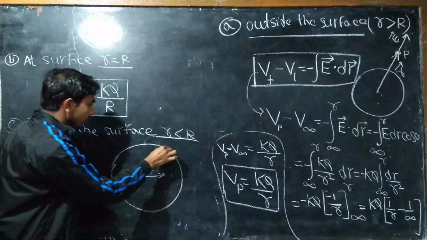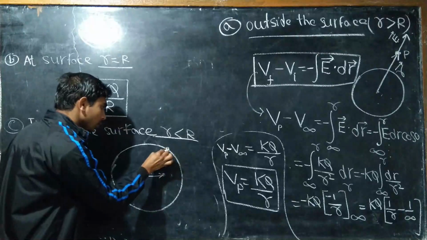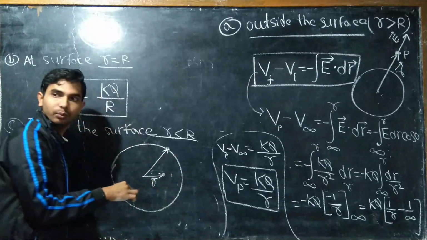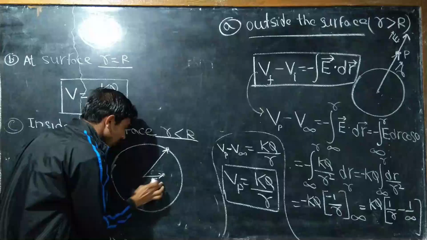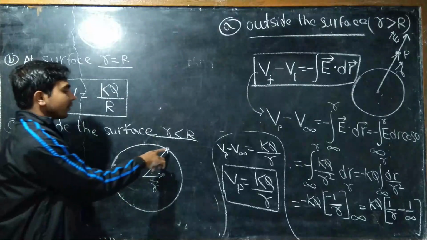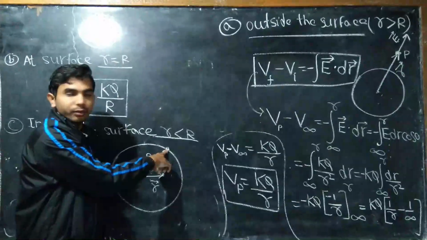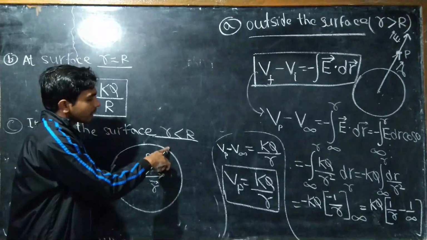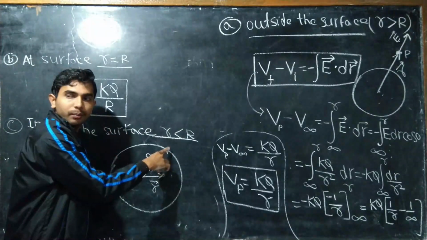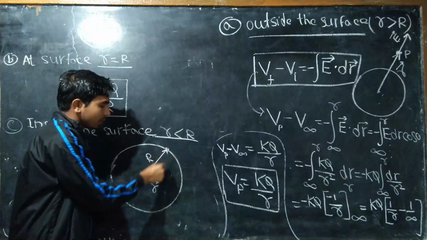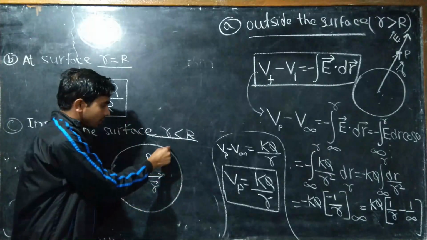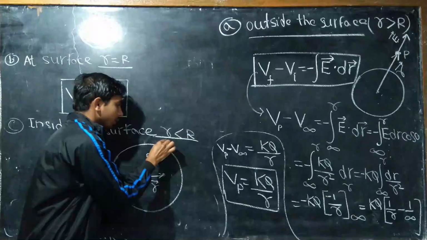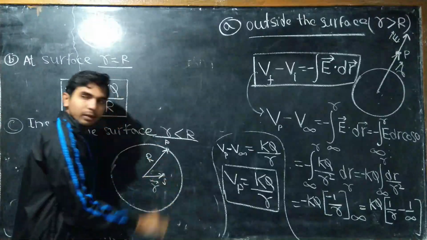This point is located at r distance from the center of the sphere, right? Now, potential at the surface is known to us, yes or no? This much, right? And now, further we can write, suppose I'm taking a unit positive charge from here to here. Suppose this is your P, this is your S.